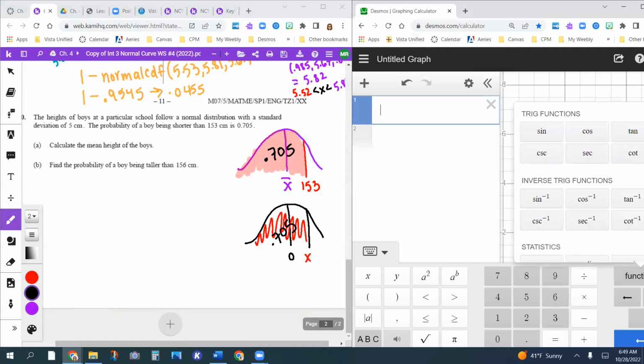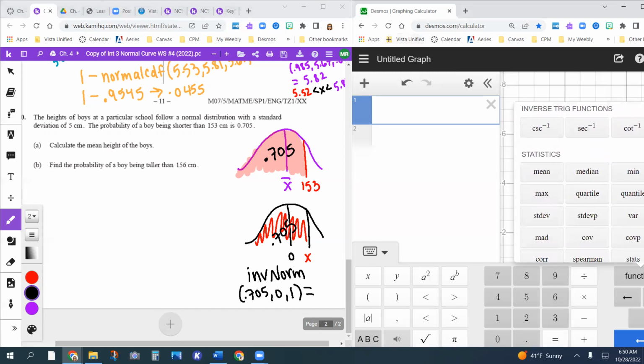So if I was doing this on my graphing calculator, I would do inverse norm. My area is going to be 0.075. My mean would be 0, and my standard deviation would be 1. I know that's not what it is. I just want to find out what the z-score basically would be.